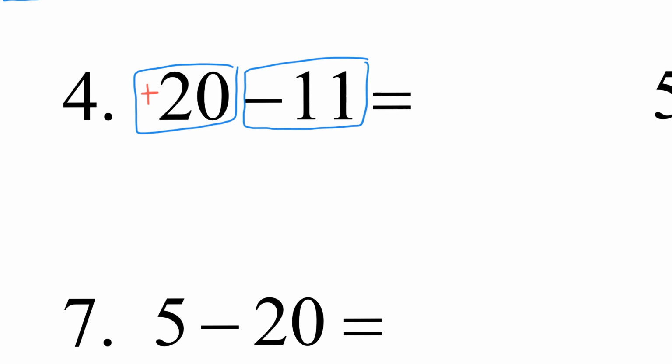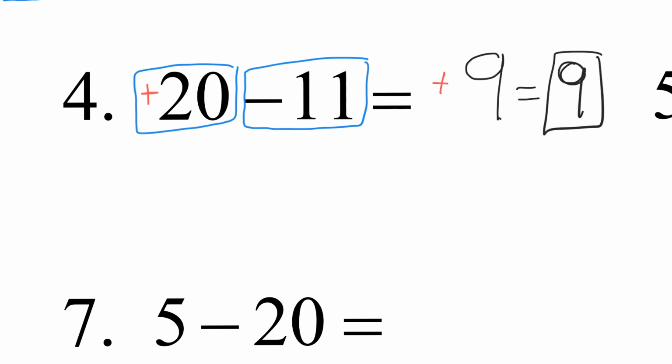And if you look at the sign of the biggest number, between 20 and 11, this is the biggest number. The biggest number is positive. So my answer will be +9. Now we don't need that plus, so I can just put 9 right here. So my answer is 9. You can say +9, that's okay, but you don't need to write the plus next to the 9.